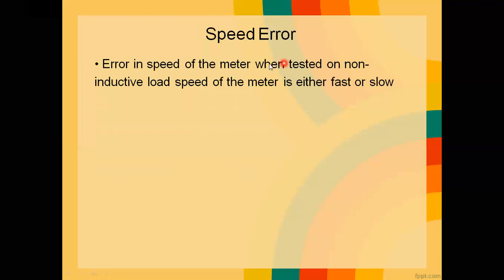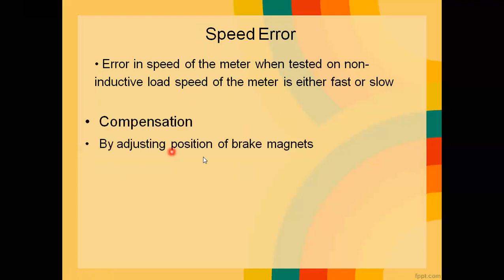This is what we call speed error. Non-inductive loads means it may be a pure capacitive load or capacitive dominant load or resistive load. For these loads, the meter is either fast or slow. For this, the compensation is by adjusting the position of the brake magnet.